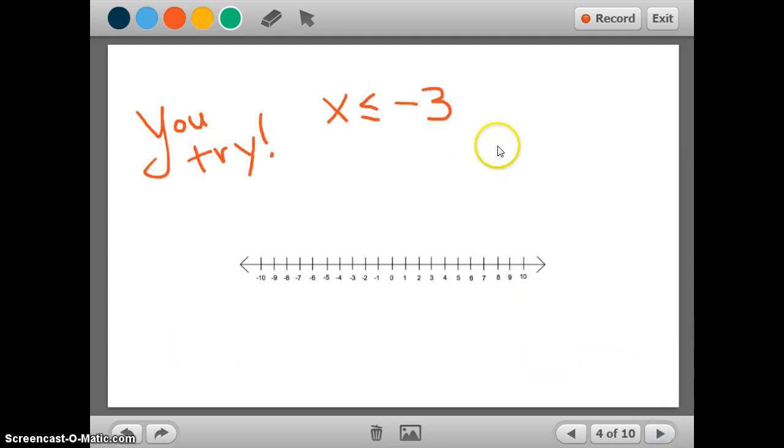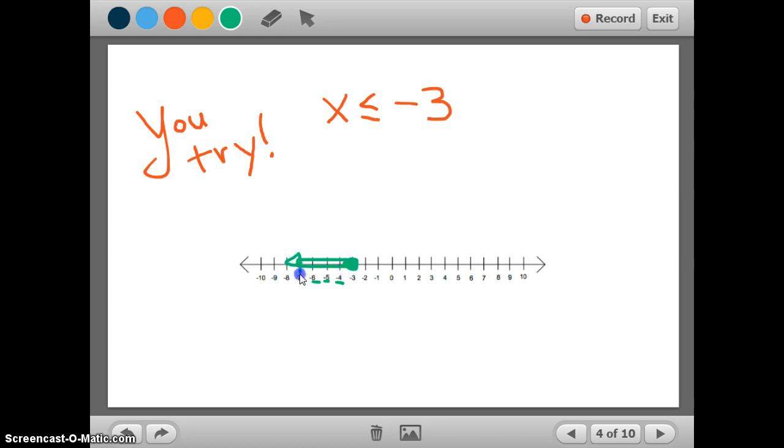Alright, now you try. So we want all those values that are less than or equal to negative 3. So you guys are going to do that. Now do we have an open circle or a closed circle? You should know we have a closed circle. Less than, well, negative 4, negative 5, negative 6, those are all less than negative 3. If you want to do greater than, you'd go in the opposite direction.